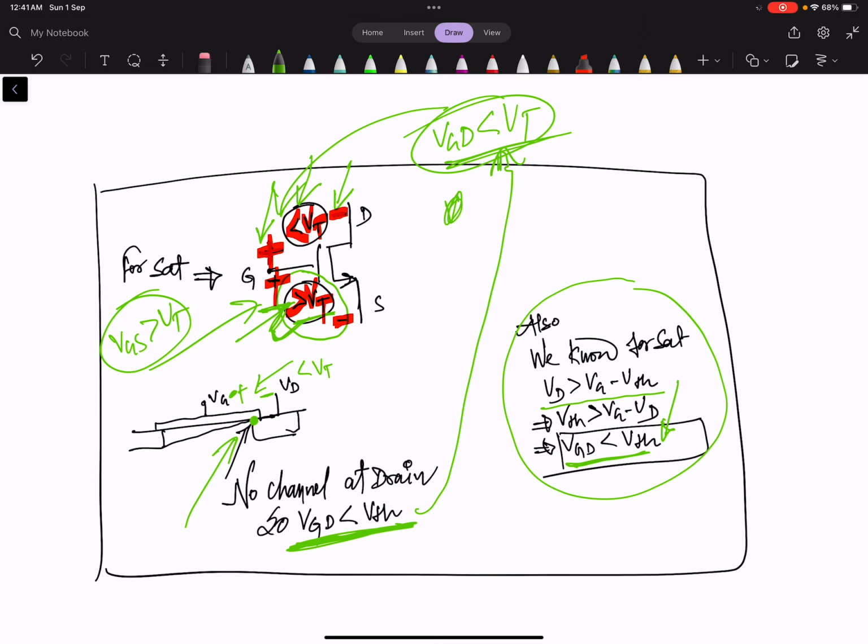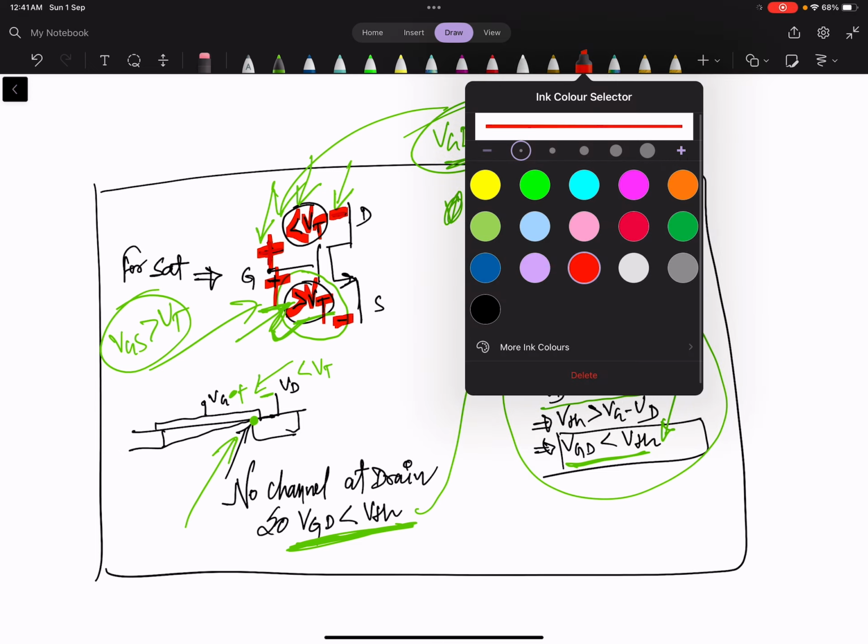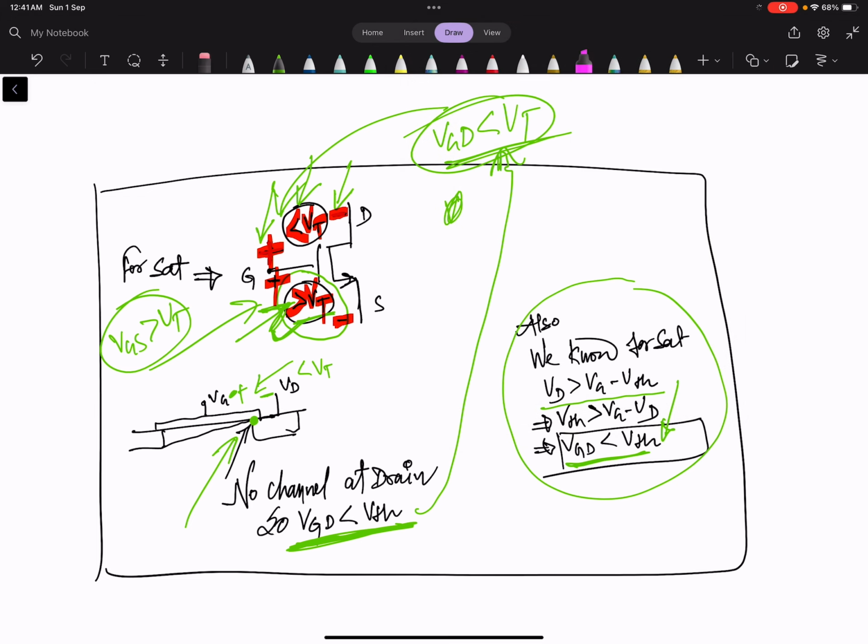So the summary to keep in mind, if we see closely, is that VGS should be greater than VTH and VGD should be less than VTH, the threshold voltage basically. This is the saturation condition.